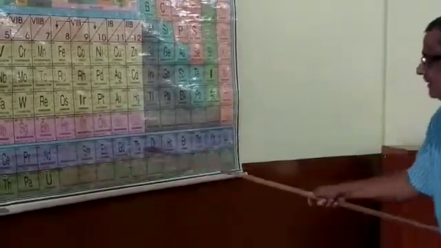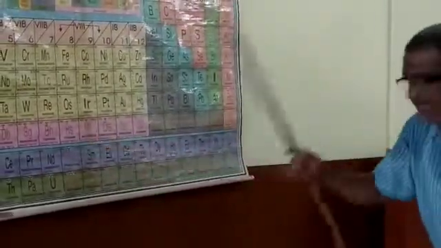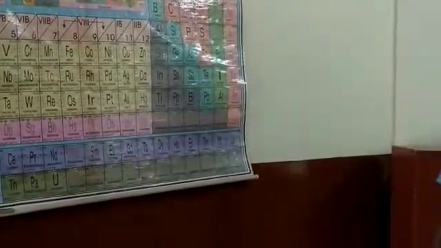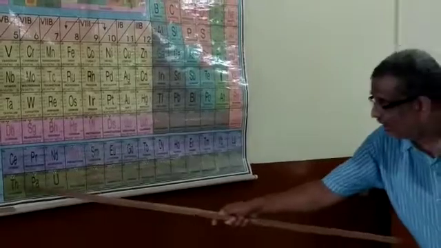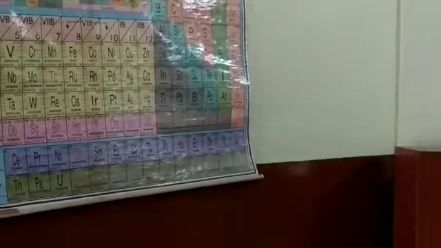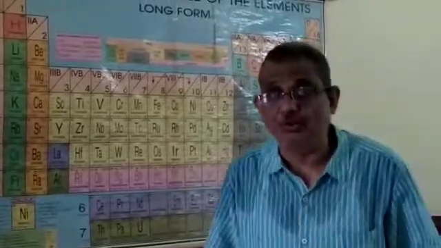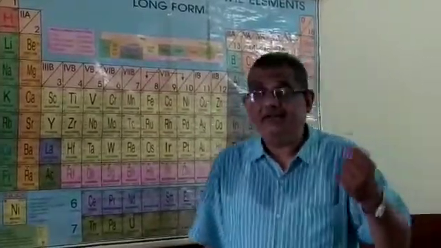Others are metals, but only in lanthanoids, only promethium is radioactive, while in actinoids, all the elements are radioactive in nature. I hope you have understood these two and you are ready to make your own notes.